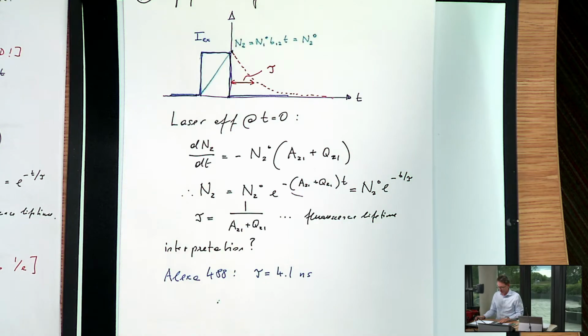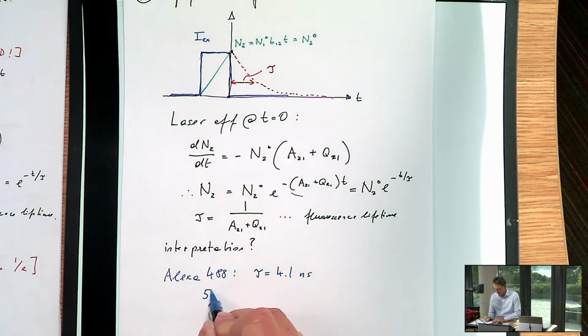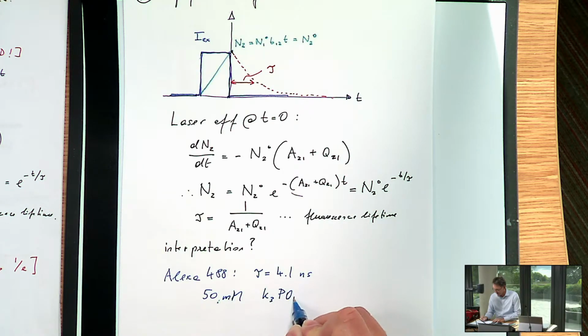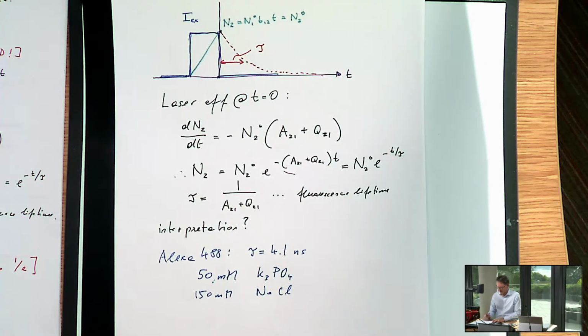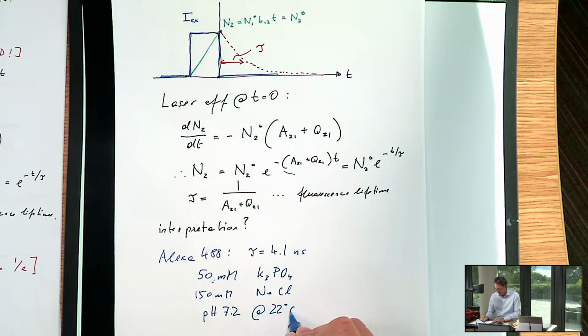And importantly though, for Alexa 488, this has been measured for a solution of 50 millimolar potassium phosphate, 150 millimolar sodium chloride in aqueous solution, which gives you a pH of 7.2 at 22 degrees C.